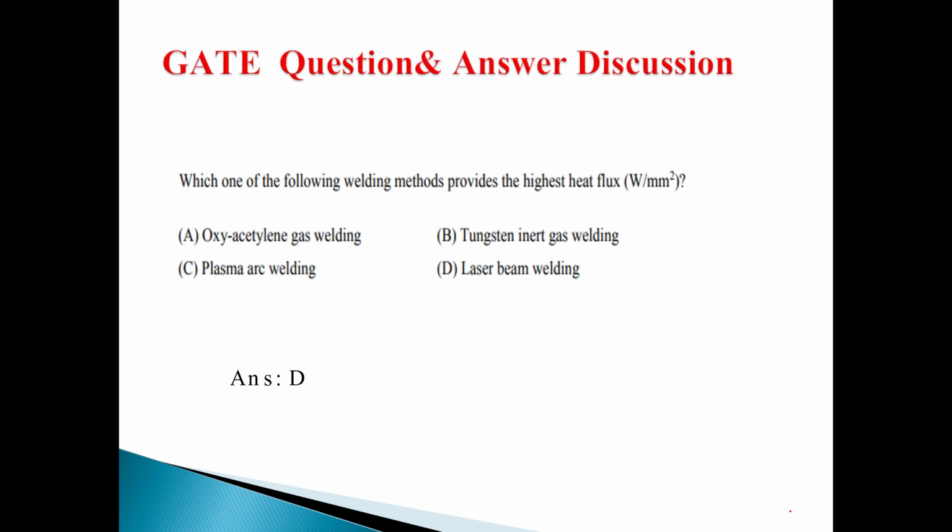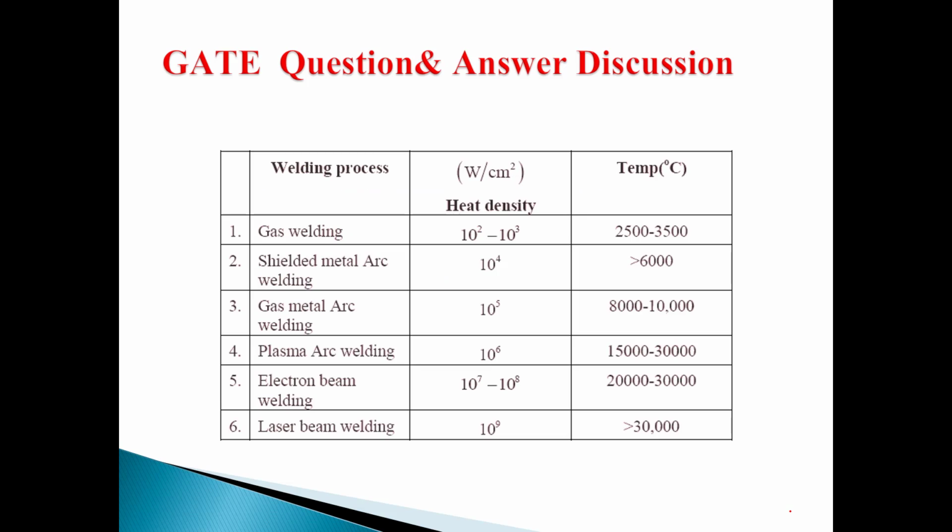The next question is, which one of the following weld methods provides the highest heat flux? Oxyacetylene gas welding, tungsten inert gas welding, plasma welding, laser beam welding. So we have different welding processes; heat density and temperature are given here. Gas welding: 10 power 2 to 10 power 3, temperature varies from 2500 to 3500.